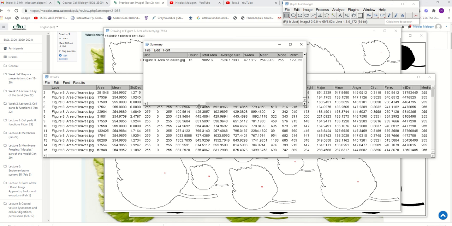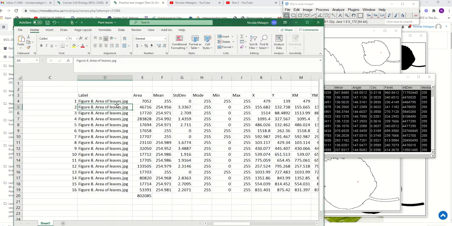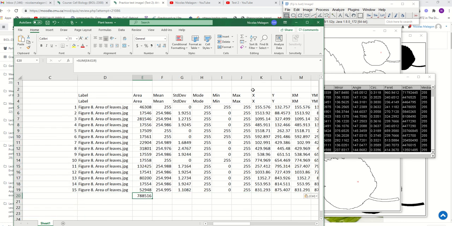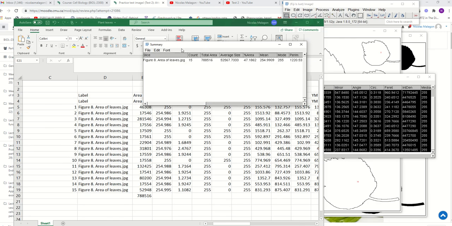Or the other thing that you can do is just Control C. Here I did a previous one, so I can copy these ones, and remember, you just go here and say add all these values from here to here, and this gives me around 788516, and this is the value, or one that is very close.